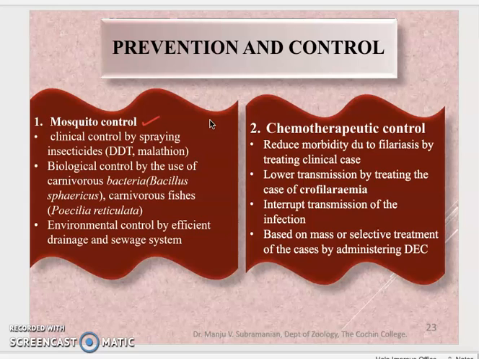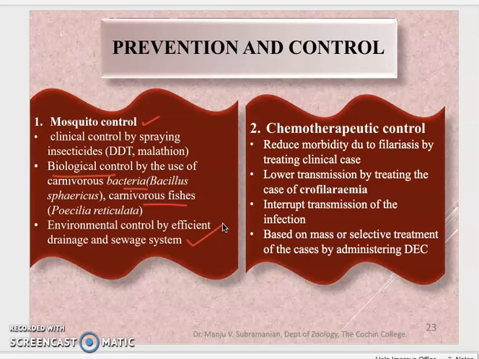Then chemical control by spraying insecticides, DDT, malathion, etc. to control the mosquito, or biological control can be used by using Bacillus species. Carnivorous bacteria can be used to kill these vectors. Then carnivorous fishes can be used. Then environmental control by efficient drainage and sewage systems can be used to prevent the mosquito from flourishing.